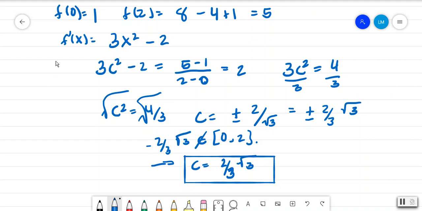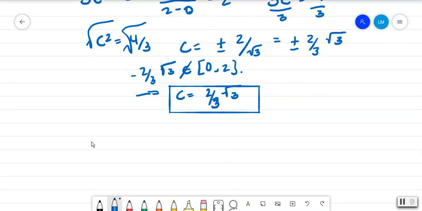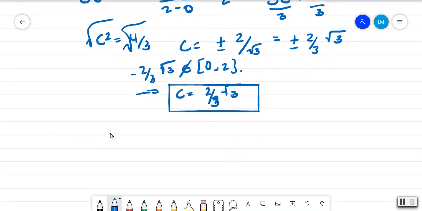Now, interestingly enough, you can apply the mean value theorem to, let's say, the absolute value function.